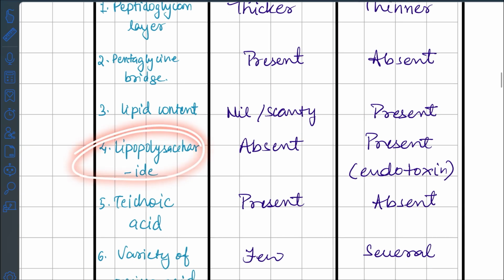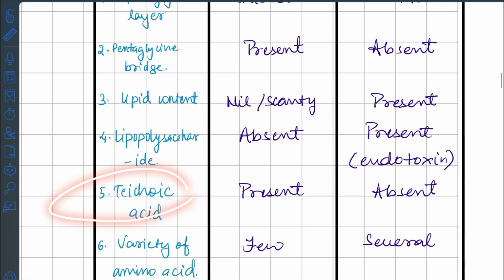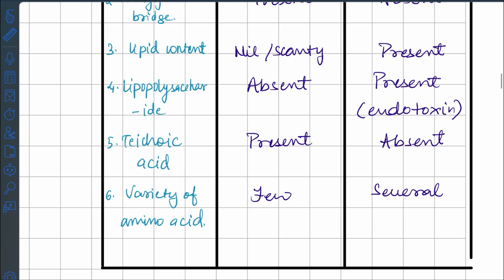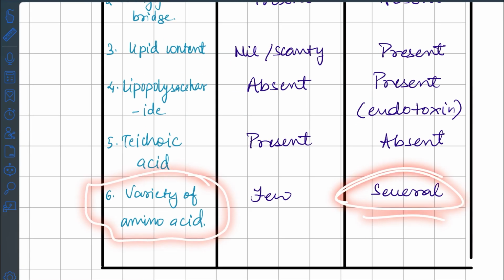The lipopolysaccharide is present only in gram-negative. It also makes up the endotoxin of the bacteria. The teichoic acid we saw only in the case of positive. Then a variety of amino acids are found in gram-negative, but it is quite less in gram-positive.